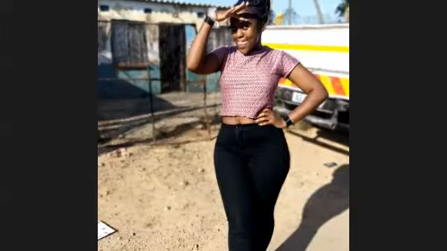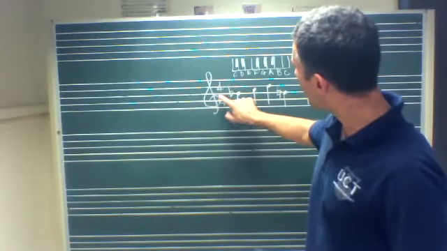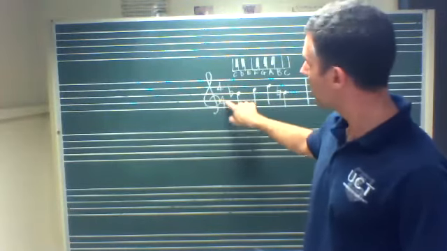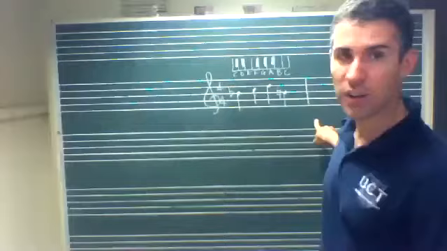Crotchets, quavers, or minims? Crotchets. Yes, they're called crotchets. So 4/4 tells us the bottom 4 that we're dealing with crotchets, and the top 4 that we're dealing with 4. 1, 2, 3, 4 in the bar.